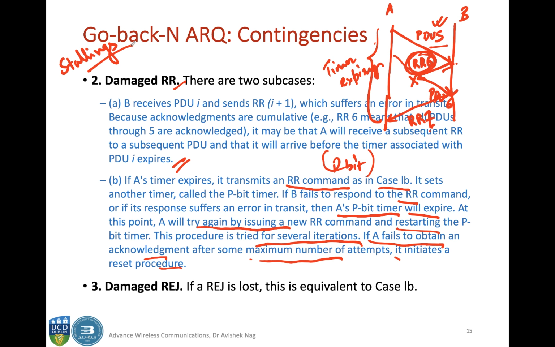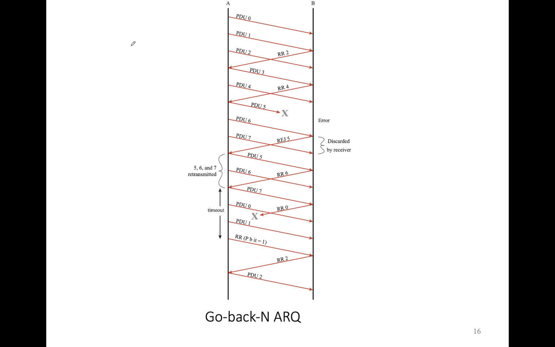So let's move on. This is the entire timing diagram that you can also look at and see the explanation on the slides or in the book, and then you can relate what is happening for the different cases of damaged PDU, damaged RR or damaged REJ.